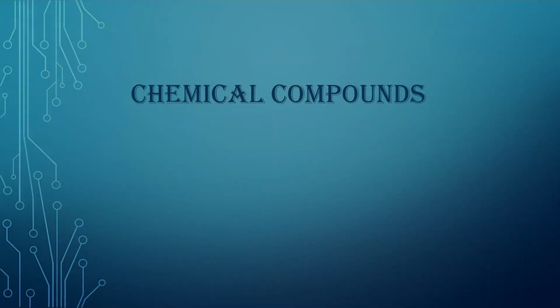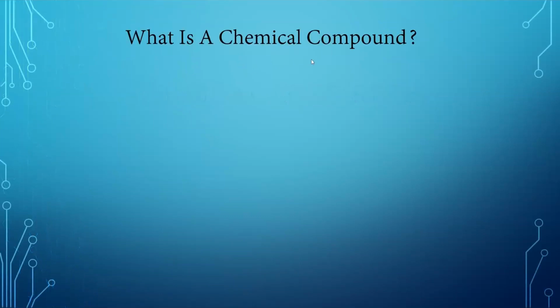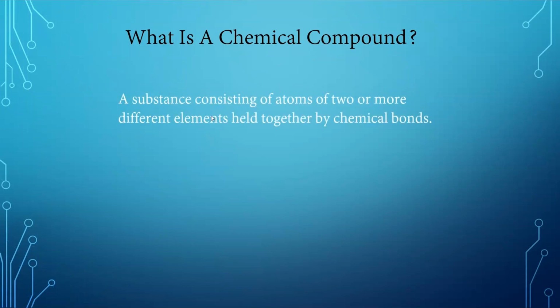In chapters 2 and 11, we learned all about atoms and elements. So we're going to take the next step now in chapters 3 and 12 and learn all about chemical compounds. First, we're going to need some definitions. So what exactly is a chemical compound? It's nothing more than atoms of 2 or more different elements bonded together.